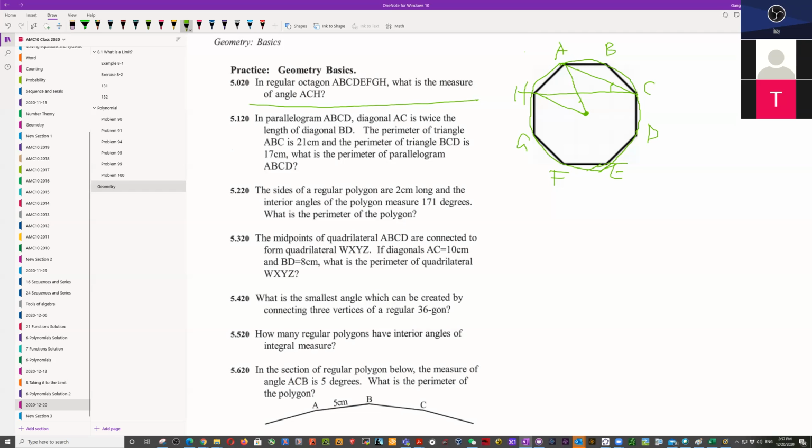Each sector has 1/8 of the angle, so basically it's 45 degrees.